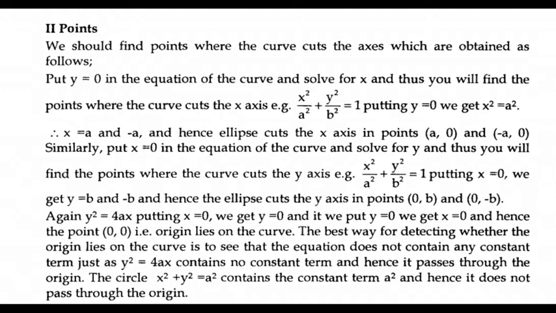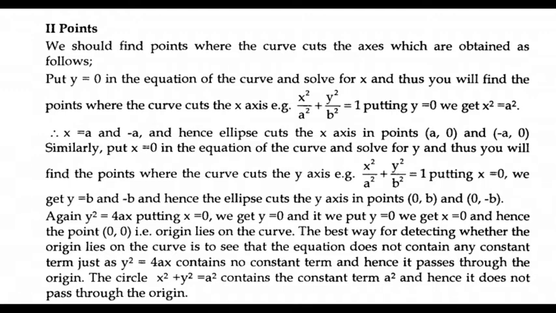So these are the two coordinates where the ellipse cuts the y-axis, and (a, 0) and (minus a, 0) are the two points where the ellipse cuts the x-axis. If you see one more example, y square is equal to 4x, which is the equation of a parabola. Put x is equal to 0.